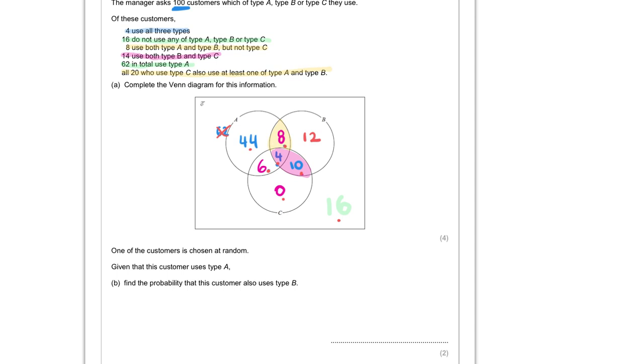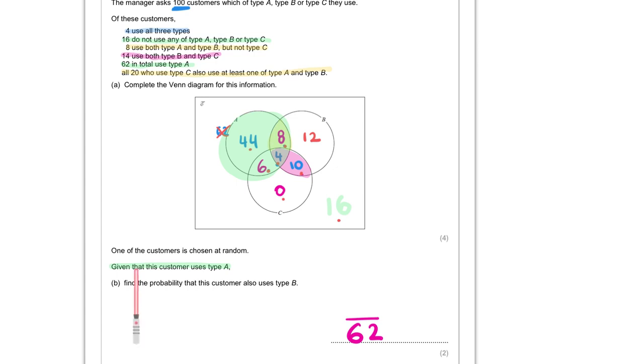Now, it says one of the customers is chosen at random. Given that this customer is a type A, that means I can only choose from A. So if I can only choose from A, my denominator is only out of 62, because all of A is 62.